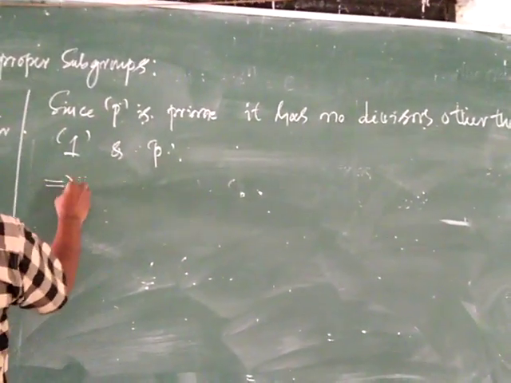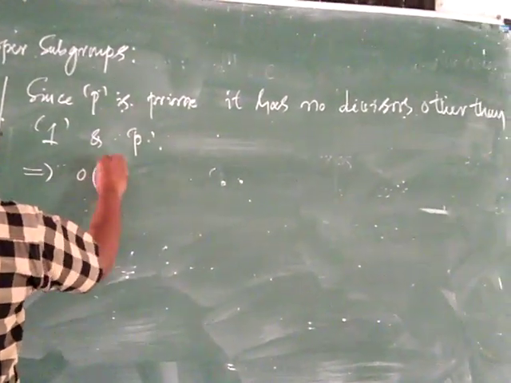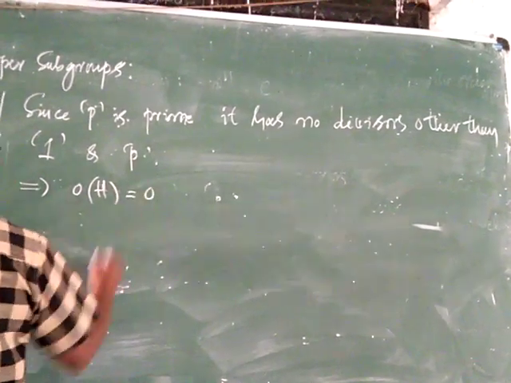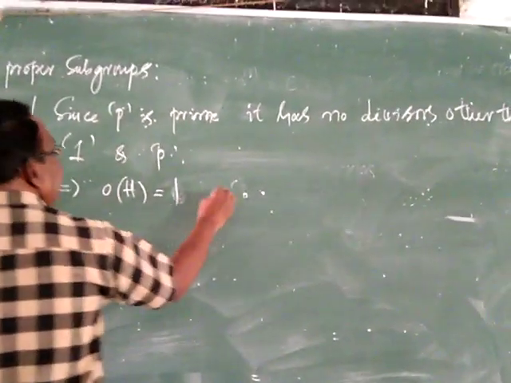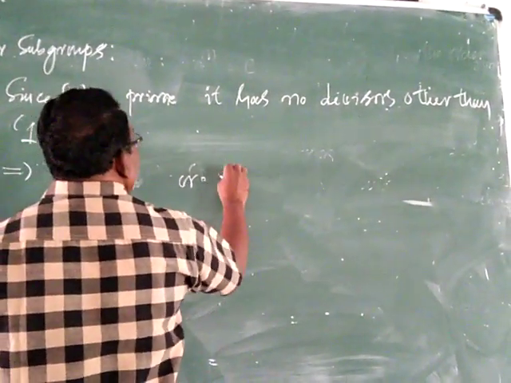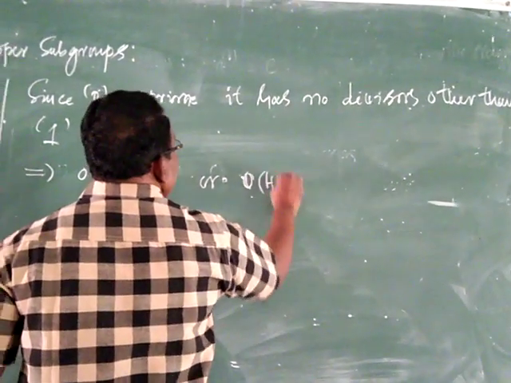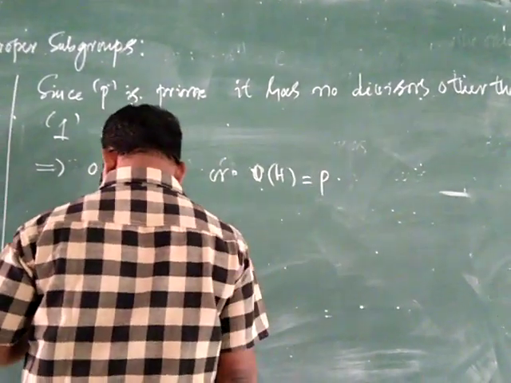This implies that, as we discussed in our previous corollary, the order of H is either 1 or the order of H is equal to P.